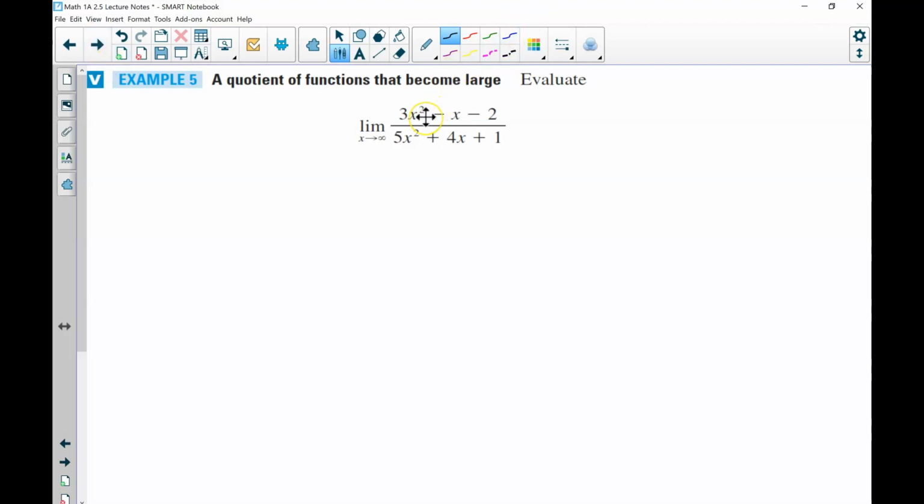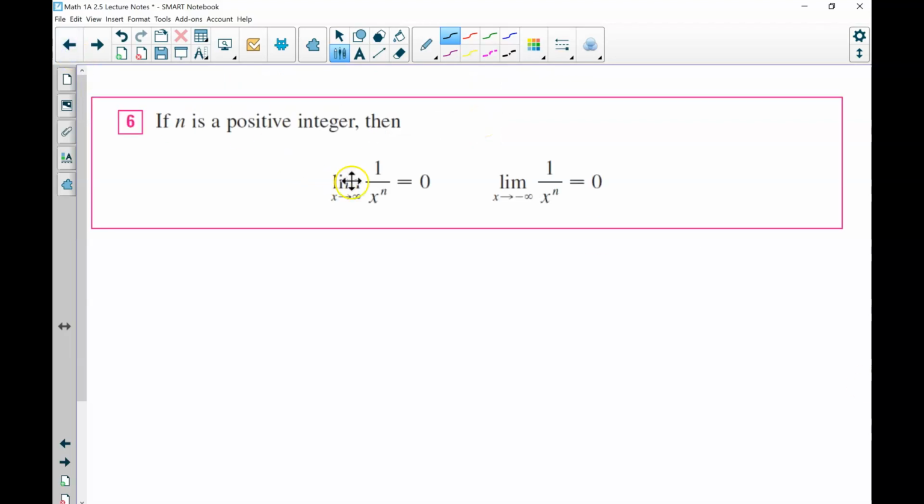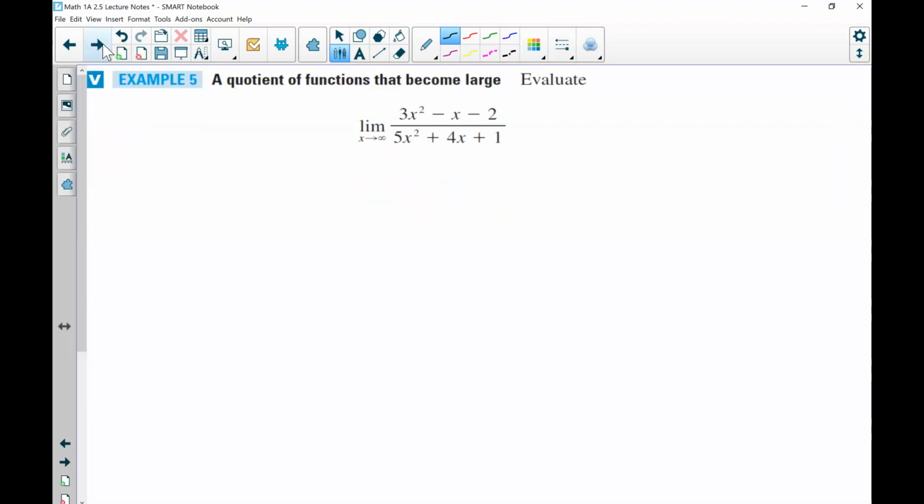Our goal is to rewrite this function so that all of these terms look like the previous definition, because once we get this, we can apply the definition to the problem. So we're going to have to use some algebra tools here.